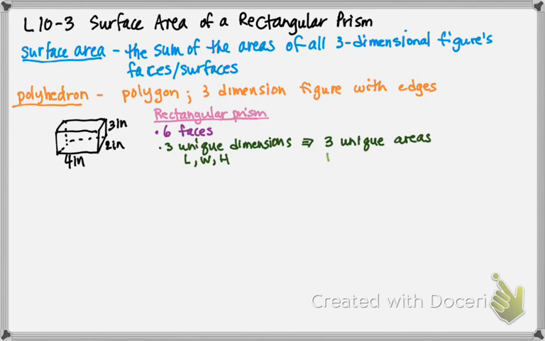Remember how we talked about this before? We have a top and a bottom. So in this particular place, the area would be 4 times 2, which would be 8 square inches. And then we have a front and a back.